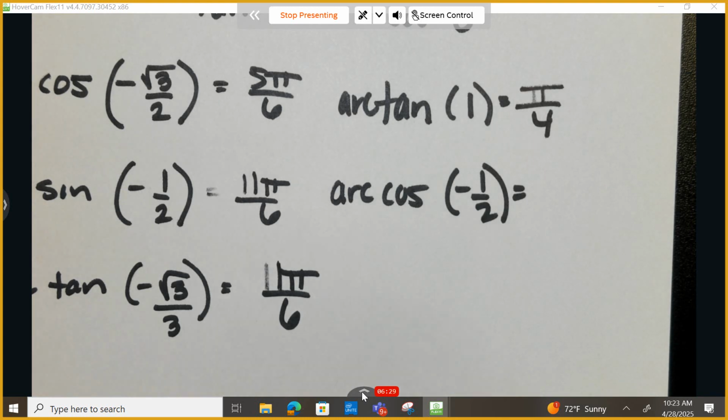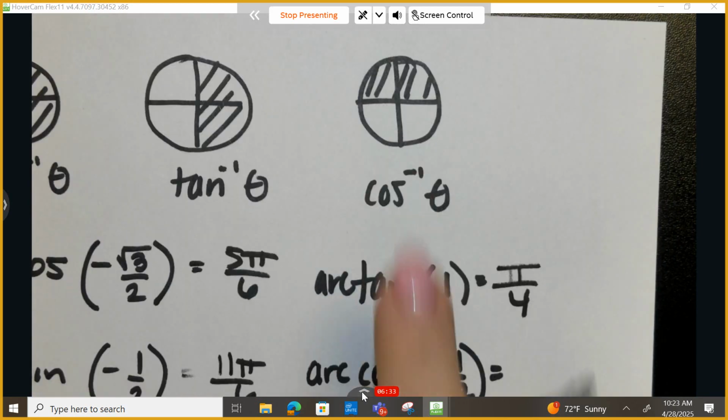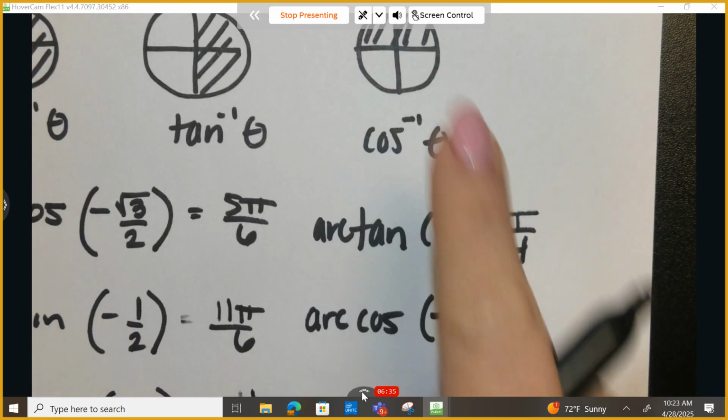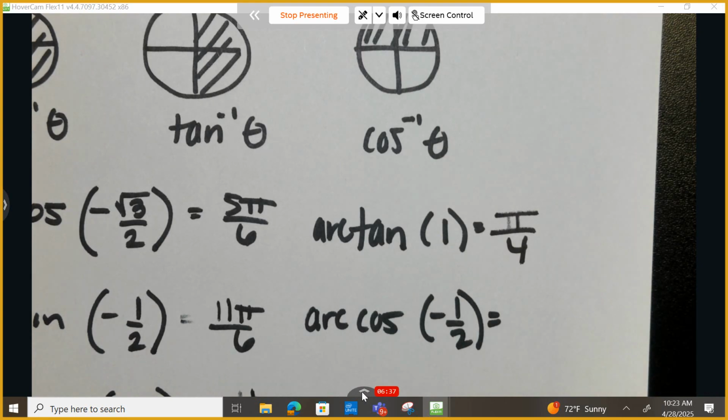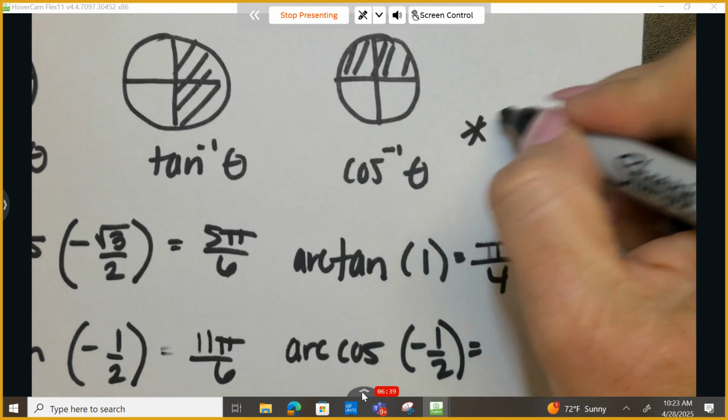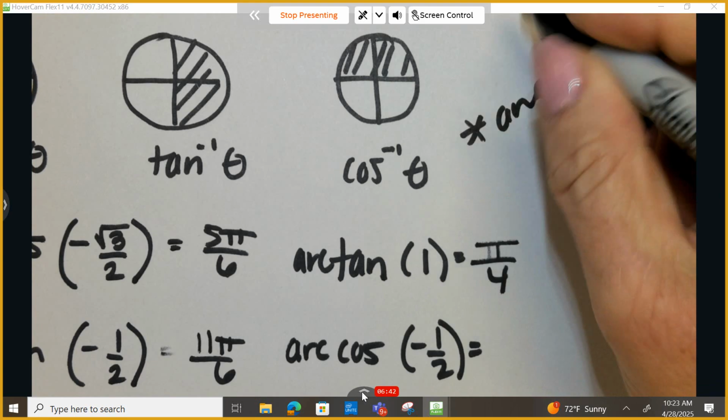All right, let's get started. Let's first look for cosines. Cosines are going to be in 1 and 2 when we find the arc. Remember, when we find the arc, there's only one answer, or one solution.